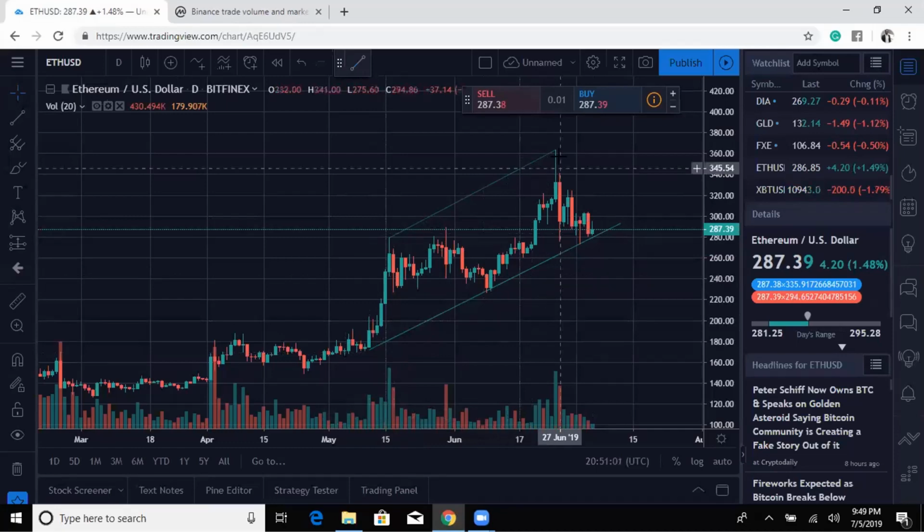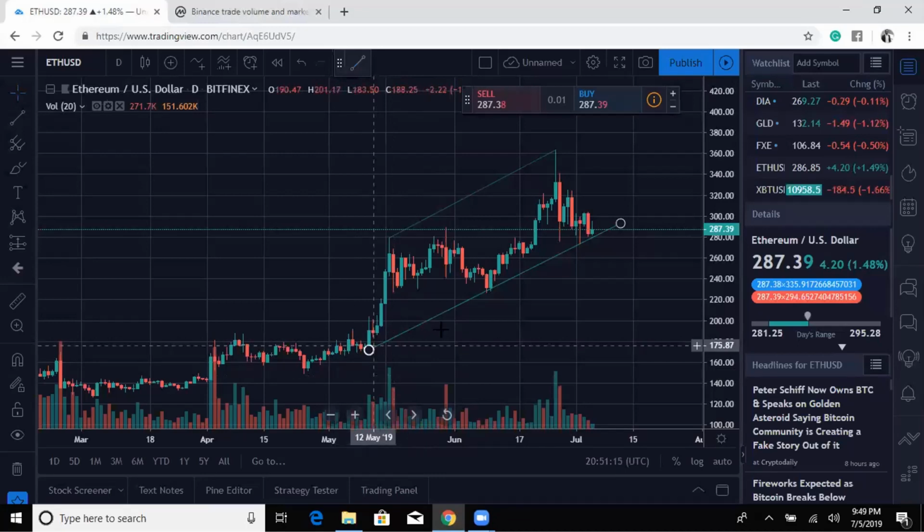It's not going above the trend line, neither is it going below the trend line. Did you notice that from this point of the trend line and then to here and then to here, the price never really dropped below here and below here?